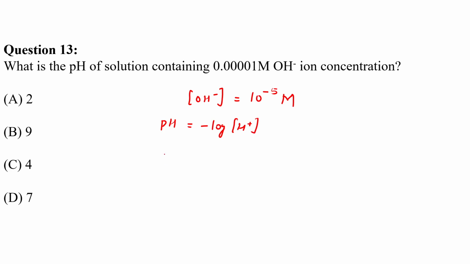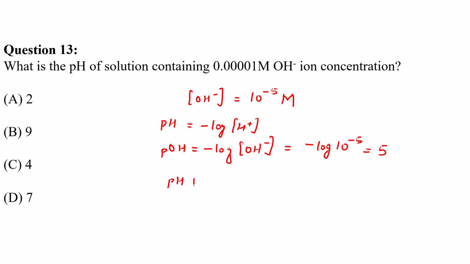So like we can define pH, we can also write pOH. pOH is the negative logarithm of the OH minus ion concentration. So we can calculate pOH: minus log 10 raised to the power of minus 5, and if you solve this you will get the answer 5. So pOH is 5.